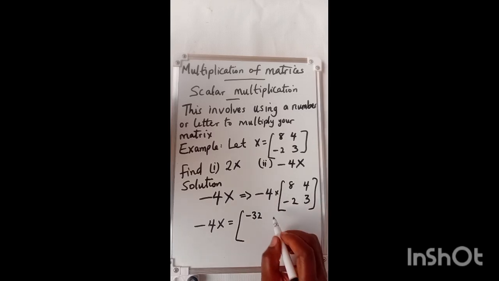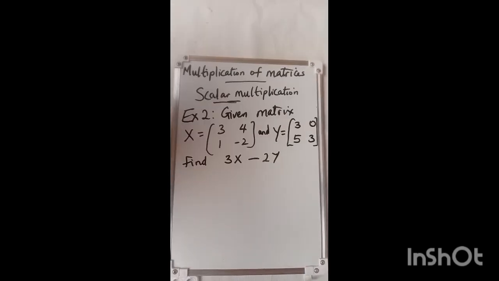Minus 4 times 4, minus 16. Minus 4 multiplied by minus 2. Remember, minus multiplied by minus is positive, so this gives us 8. Minus 4 multiplied by 3 gives us minus 12. So this is our new matrix.